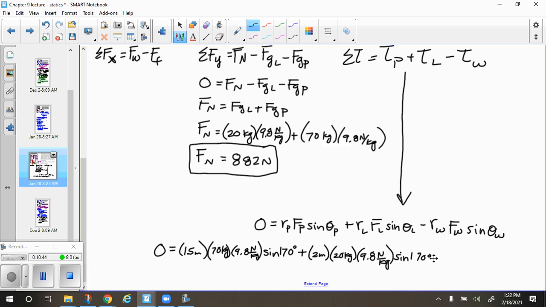All right, and then we're going to subtract the radius of the wall, which is the full 4 meters of the ladder, the force of the wall, which is what we're solving for, and then sine of the angle.